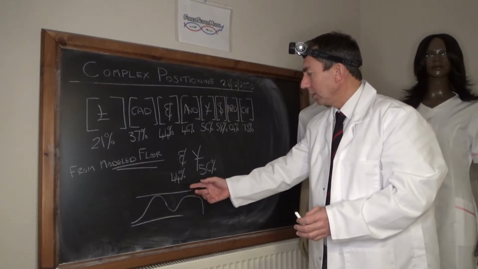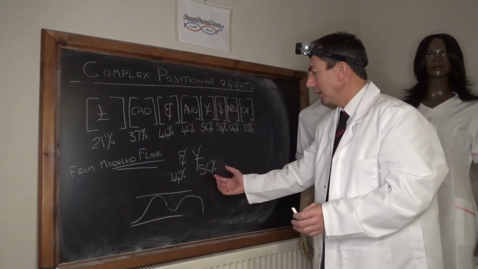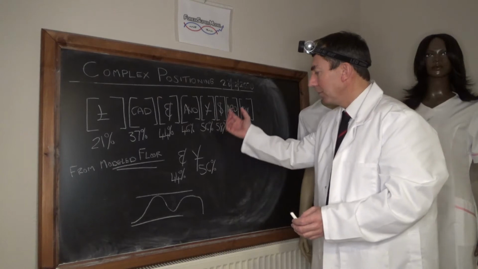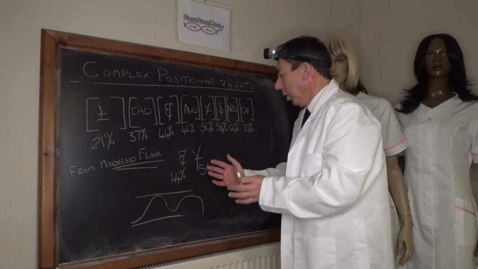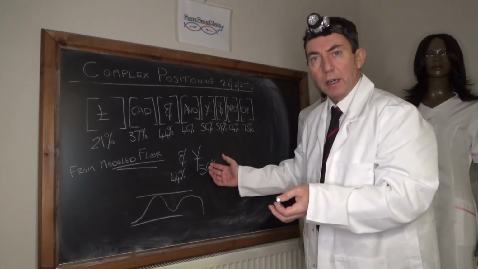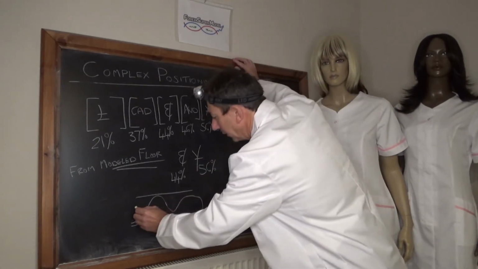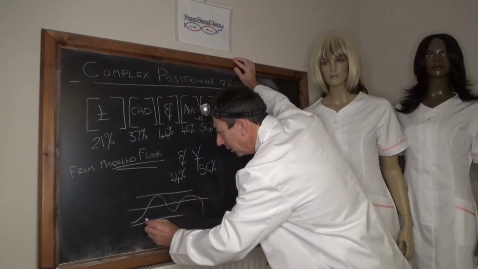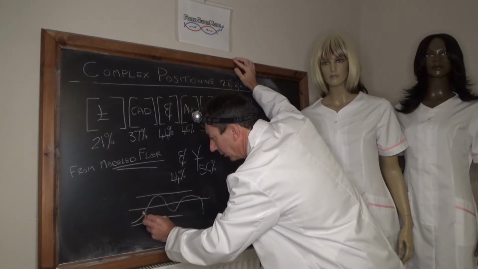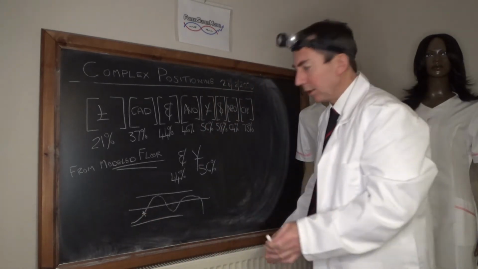So the euro is operating at 44%, and the yen's only operating at 56%. They're close, but still the yen has it. So if this was the 50% mark, you'd expect the euro yen to be operating somewhere around here on the modelled complex curve.